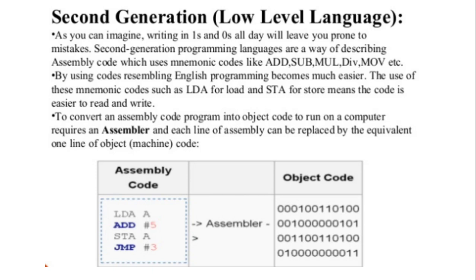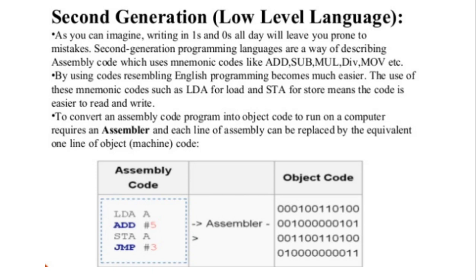This particular line will be translated into the machine language or the object code. Object code basically means the machine language. This line will be translated to machine code by a program or software which is called an assembler. So the assembler is associated with the second generation or assembly language.